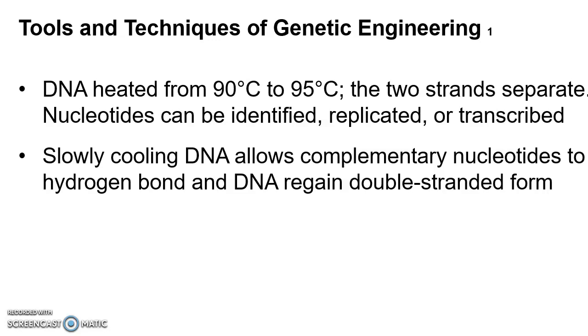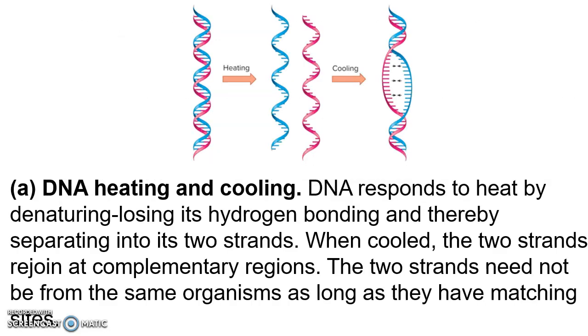When the DNA is then allowed to cool slowly, then the complementary nucleotides will reform the hydrogen bonds and DNA will become double-stranded once again. In summary, heating DNA causes it to denature, which breaks the hydrogen bonds between the bases in the complementary strands.